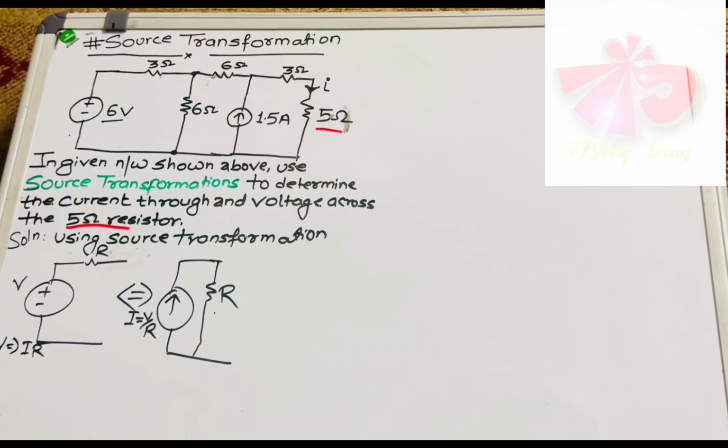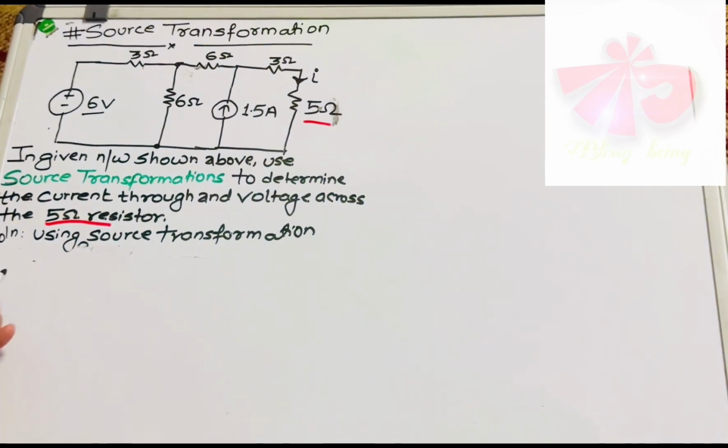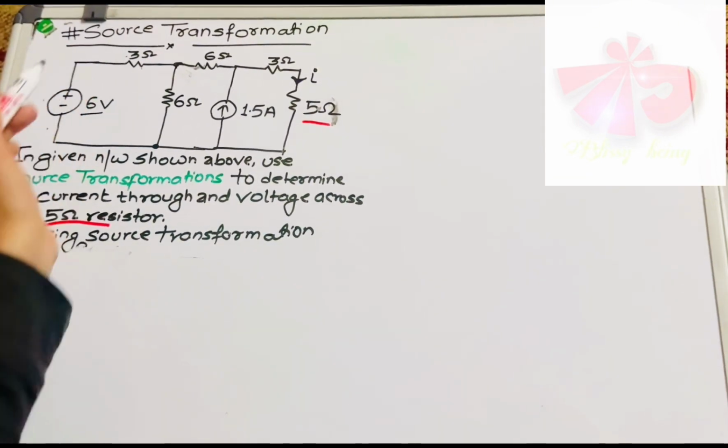I hope you get this concept easily. After that, let's jump into the question. In the question you can notice that we have a voltage source in series with a resistor: a voltage source and a 3 ohm resistor which are in series with each other.